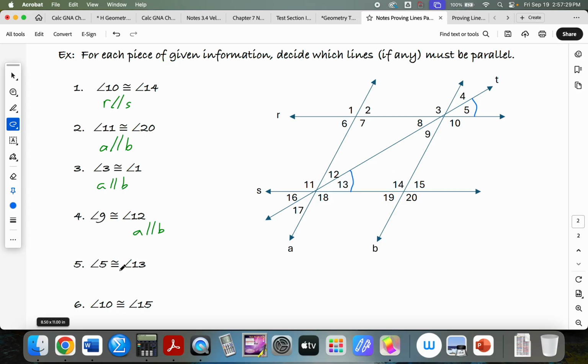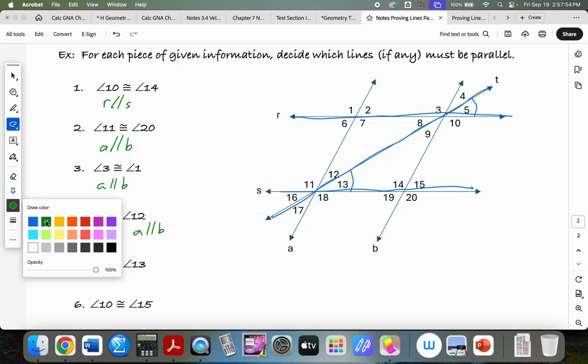Is congruent the right relationship for those? Yes. So 13 is made by line T and line S. And 5 is made by line T and line R. So the two that are parallel are R and S.